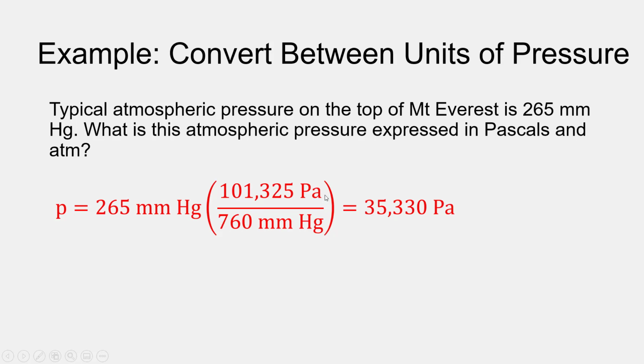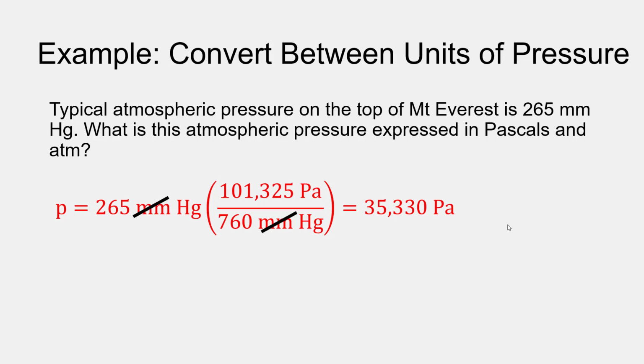So the conversion factor has the number of pascals in the numerator and the number of millimeters of mercury in the denominator, and we multiply and divide through. So 265 times 101,325 divided by 760 millimeters of mercury cancels with millimeters of mercury, gives us 35,330 pascals as our equivalent pressure.